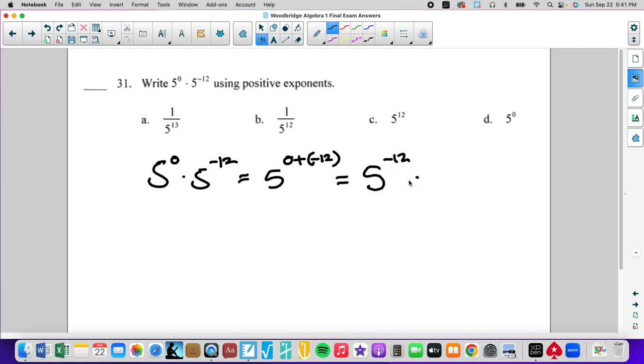And then you can't have negative exponents, so when we change the sign of the exponent from negative to positive, we change the location of the base. It's currently in the numerator, so in order to make it positive, we put it in the denominator. So that is going to be B. Good.